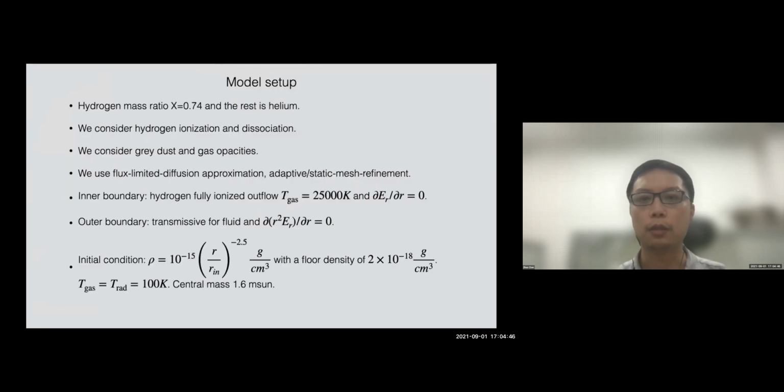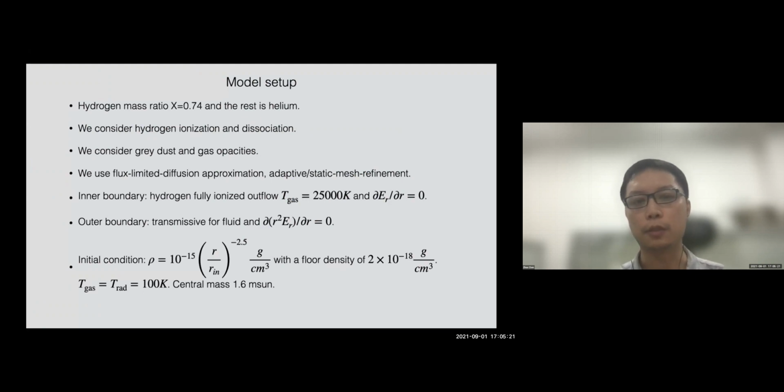We set up our one-dimensional model with hydrogen and helium, with the hydrogen mass fraction set to 74%, and we consider hydrogen ionization and dissociation. We also consider realistic gray dust and gas opacities. We use the flux-limited diffusion approximation, and adaptive and static mesh refinement to improve our computational efficiency.